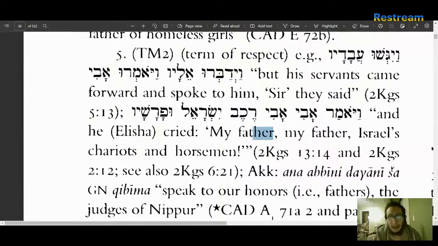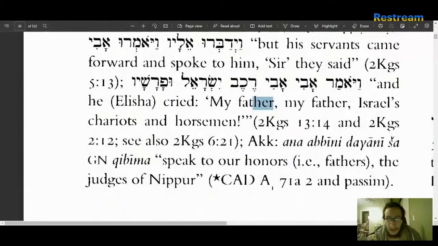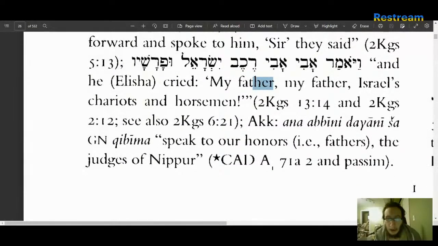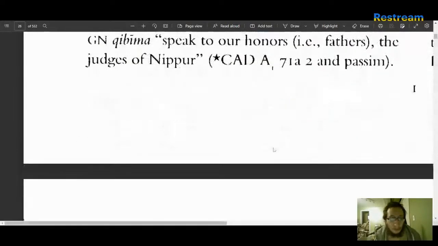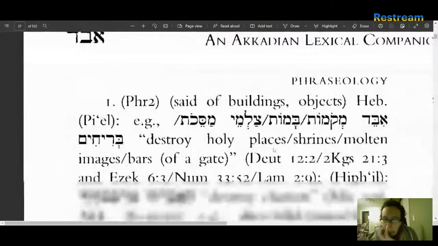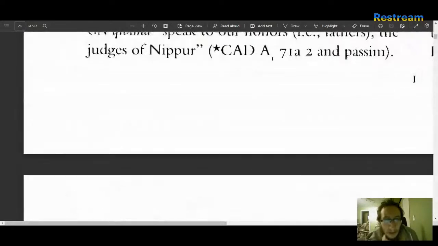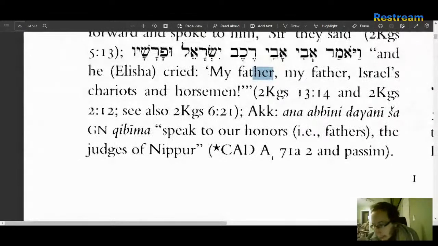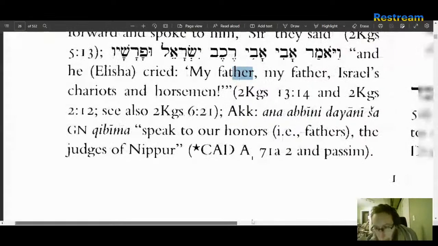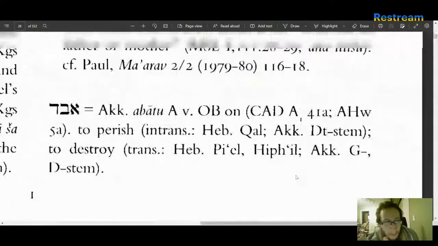So in that sense, Elijah was his father. In the same way, Akkadian refers to people of honor as fathers. Okay, so now we have to go to the other side of the page.